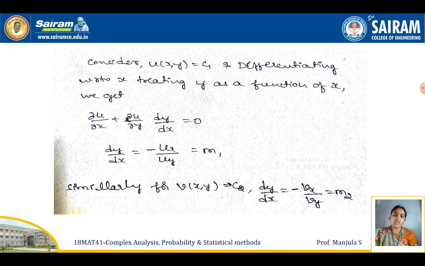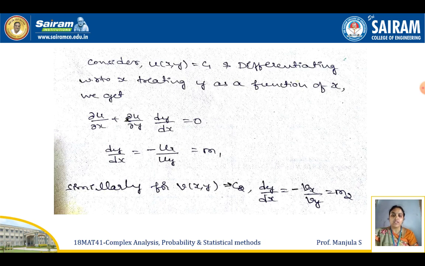Now I actually need the value of dy by dx. So dy by dx can be written as minus dou u by dou x divided by dou u by dou y. We can write that in another form also, that is minus ux divided by uy. Take this as m1, the slope of the first curve u of x comma y equals c1.